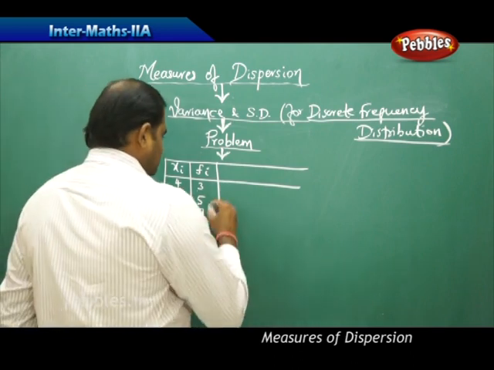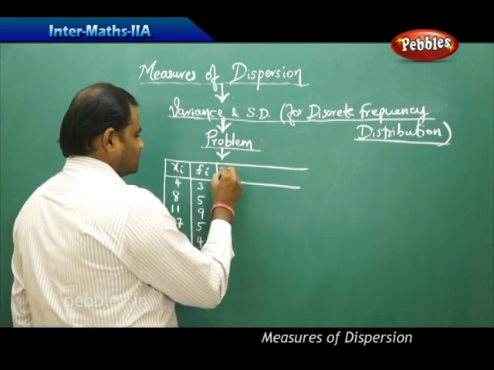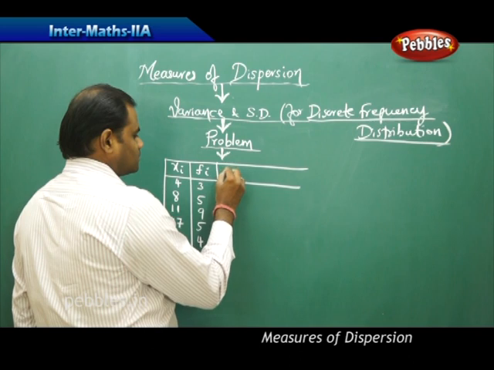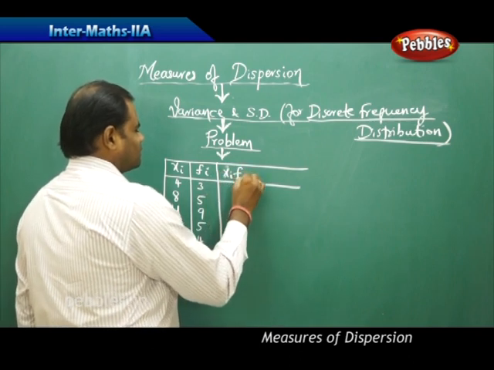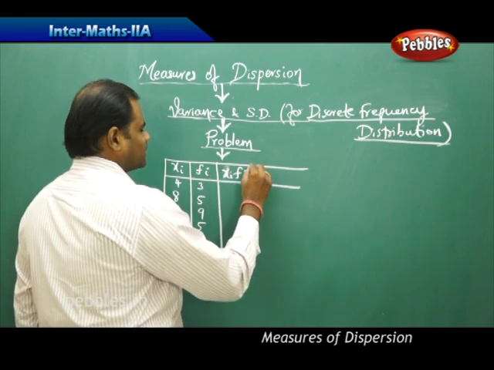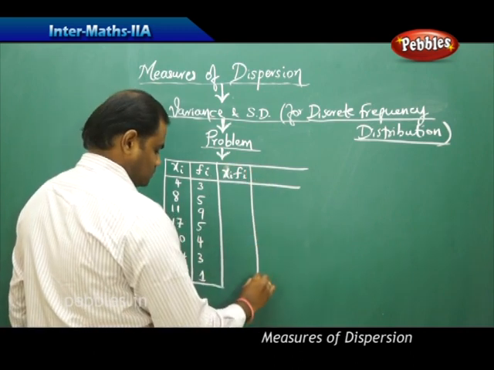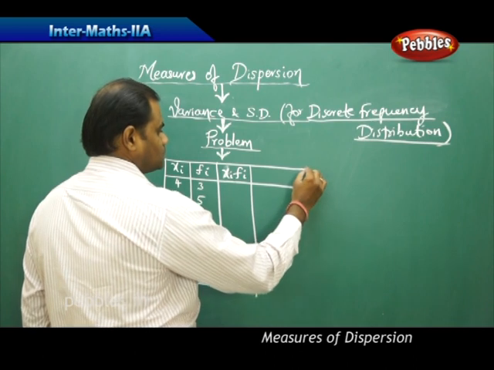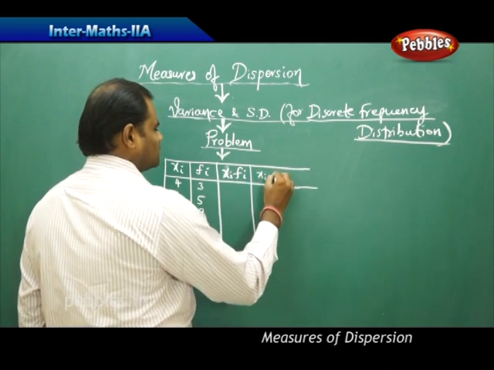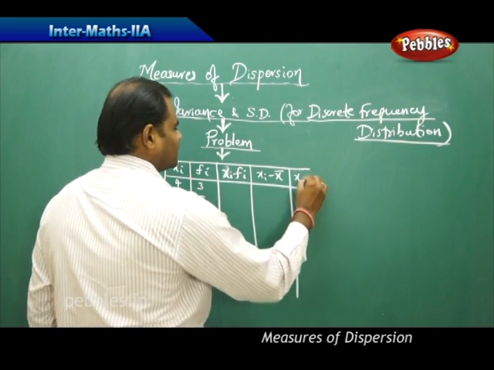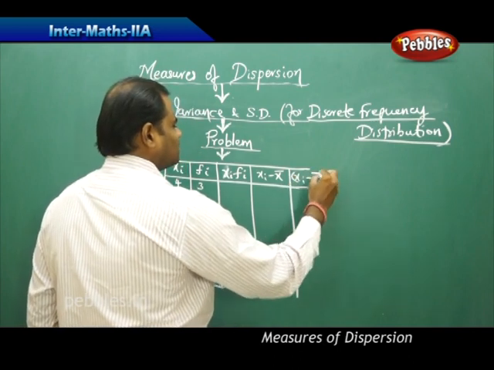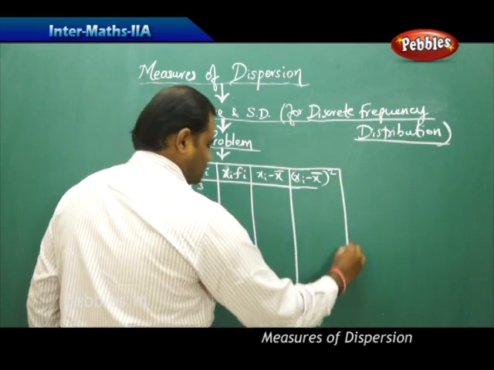In order to do that, I first need to find xi fi in a second column, then xi minus x bar, and then (xi minus x bar) whole square.